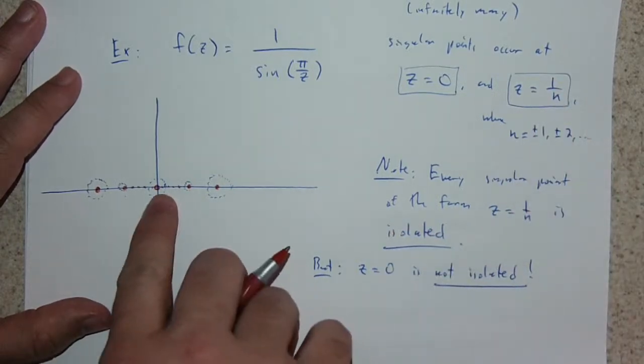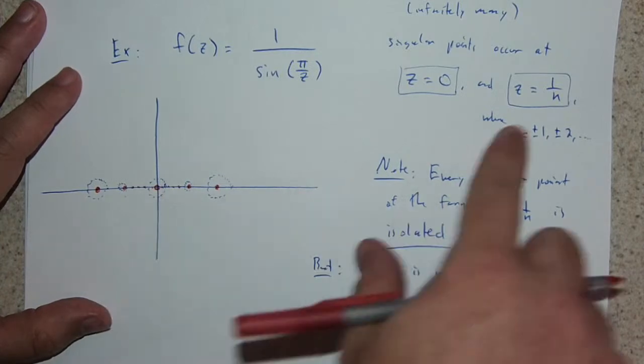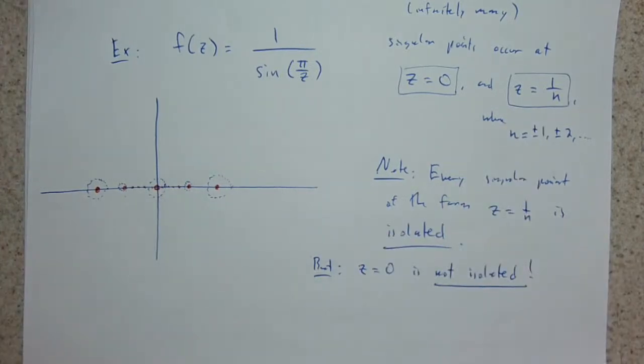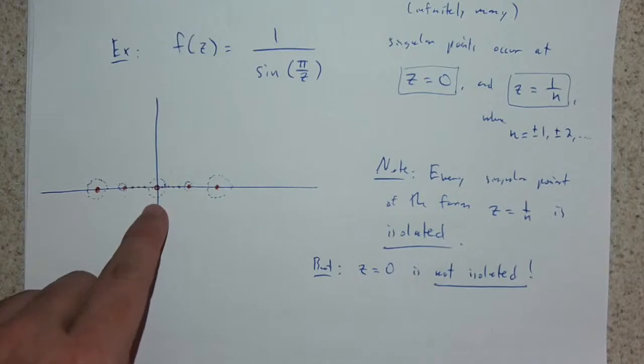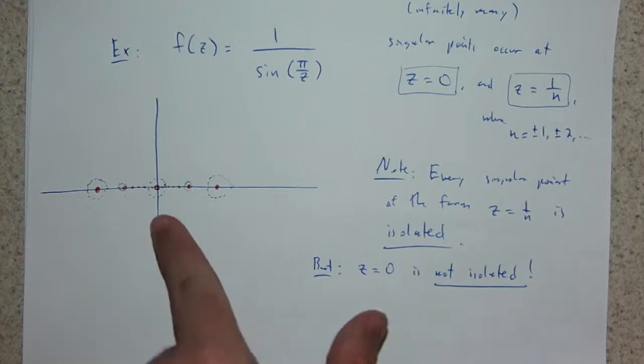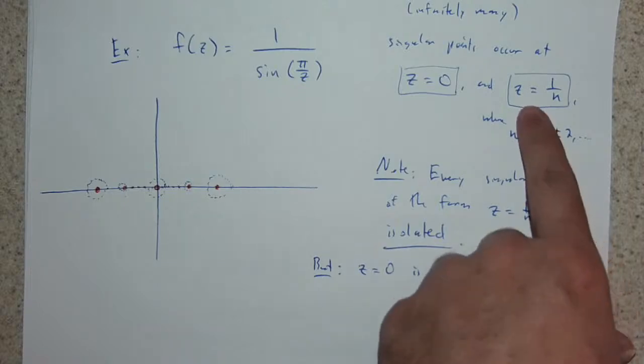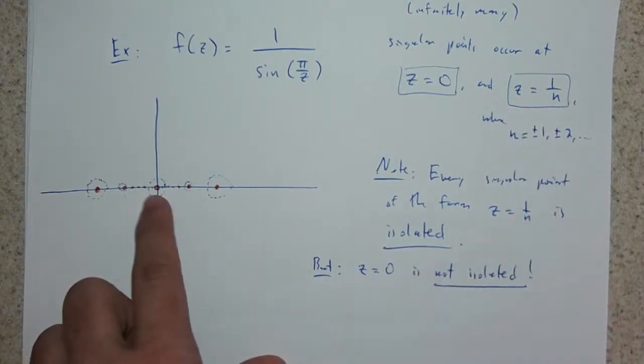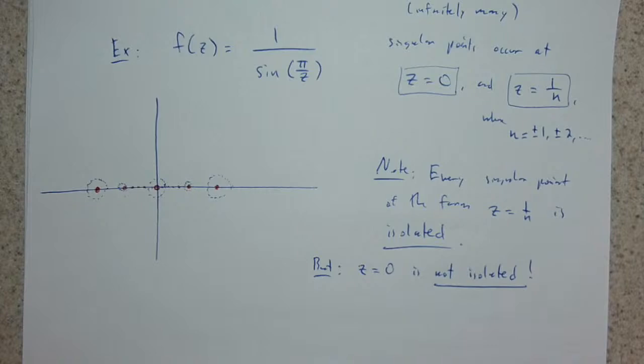Whatever deleted neighborhood you choose here, I can let n be bigger and bigger until I am eventually inside that deleted neighborhood that you've chosen for every subsequent big value of n. And so that's it. That does it. So you're always going to be able to find these singular points inside any given deleted neighborhood of z equals 0. So this is not an example of an isolated singular point.